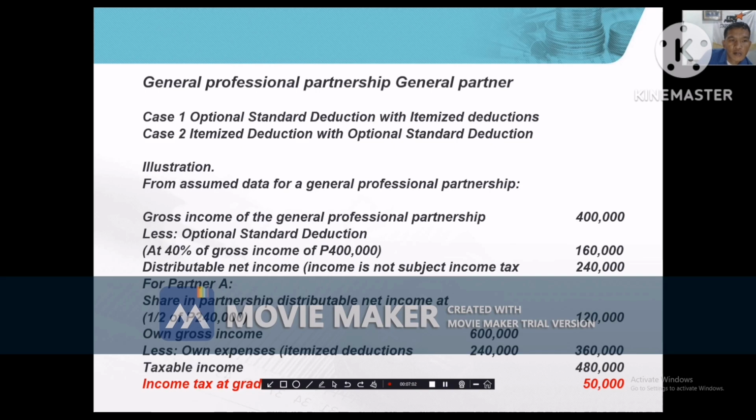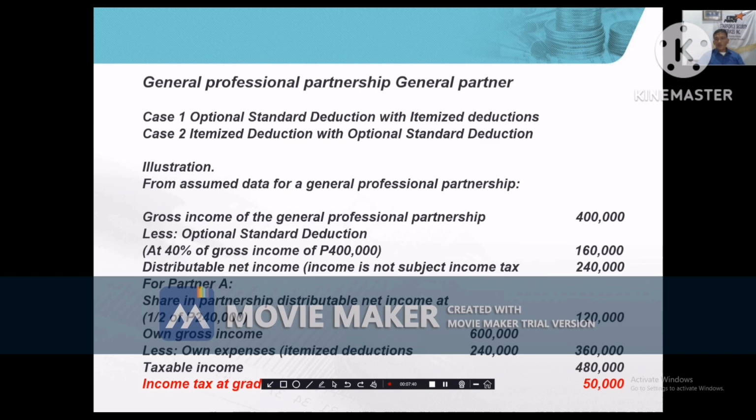Partner A. Okay. So, sa share in partnership distributable income, dalawa sila, hinati yung 240,000 sa dalawa. Okay, equals to 120,000. Okay, so kung may own gross income sila na 600,000, less mo yung own expenses or itemized deductions na sinasabi kanina na nalugi sila, let's say nalugi na 240,000, so lumalabas siya na 360,000, no?